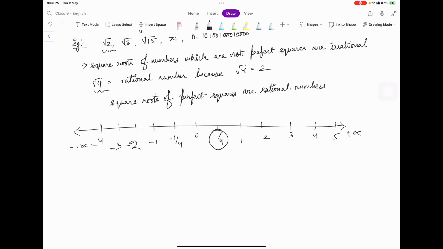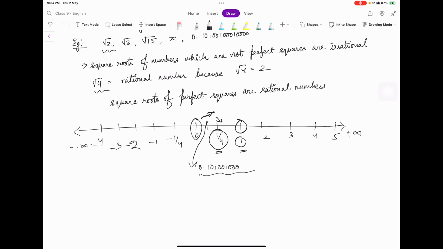This is a rational number, this is also a rational number but it's an integer. This is a fraction but it is a rational number. In between two integers you are getting rational numbers. Similarly, between these two integers there are infinite irrational numbers also, like this number 0.10, which exists somewhere in between.